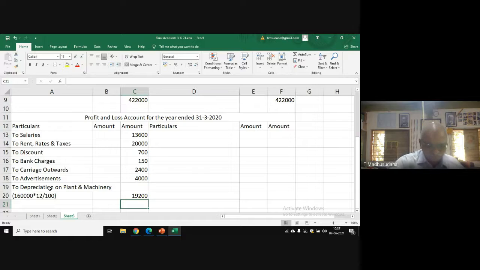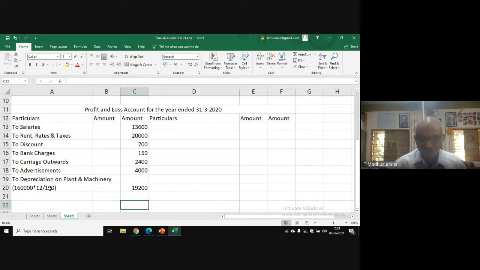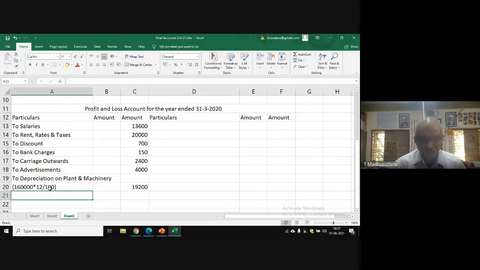Next, to interest on capital. Interest on capital is to be calculated at 10%. How much is the capital? 1 lakh rupees.